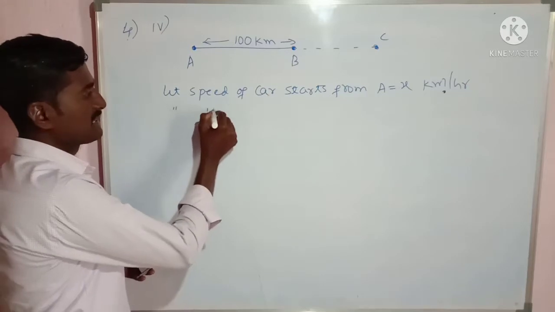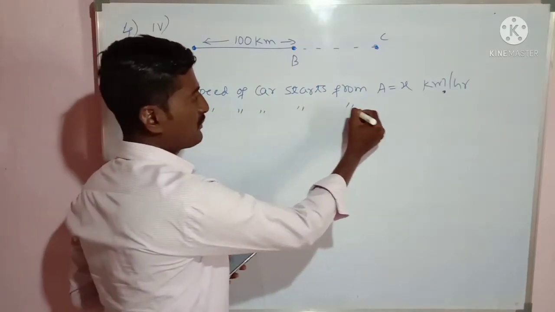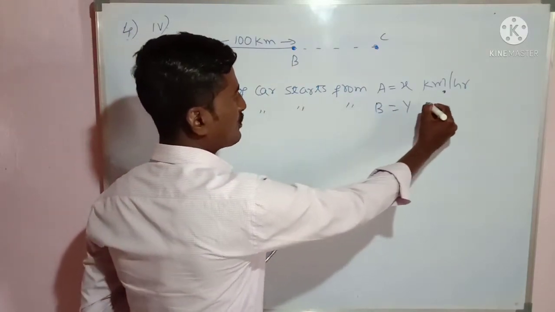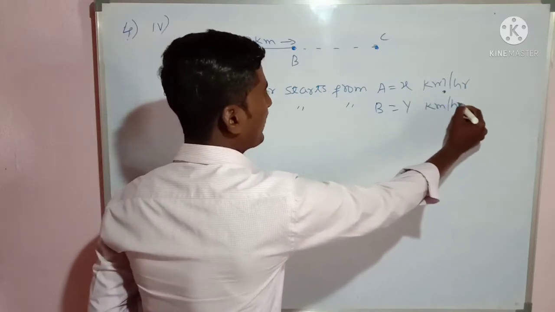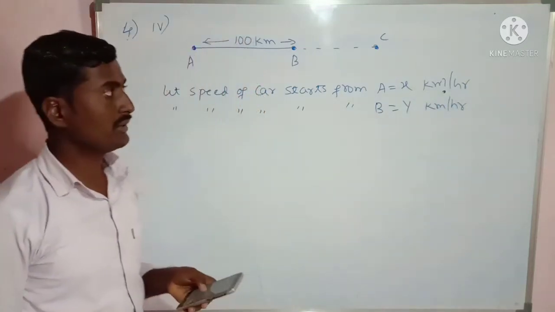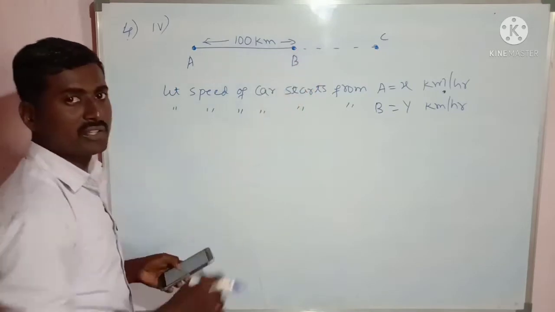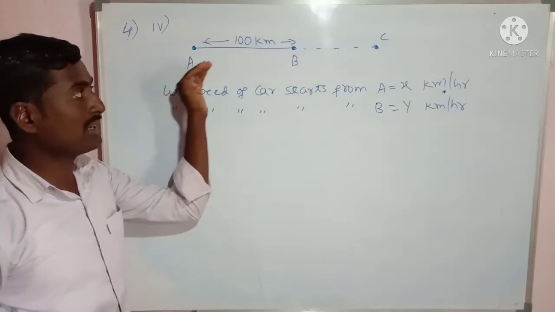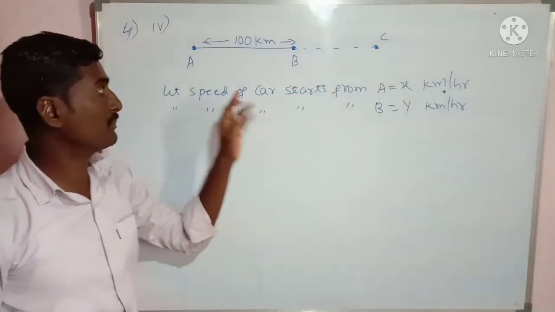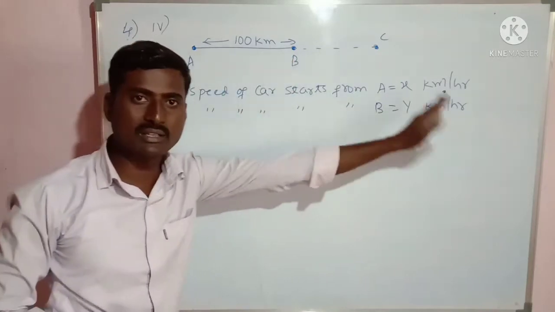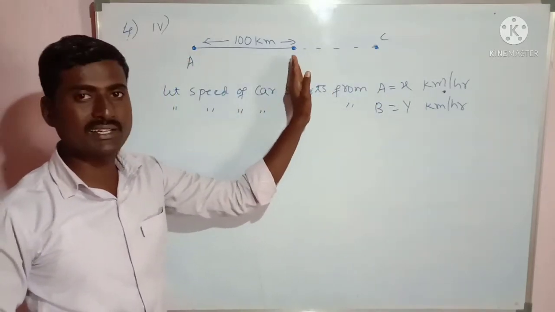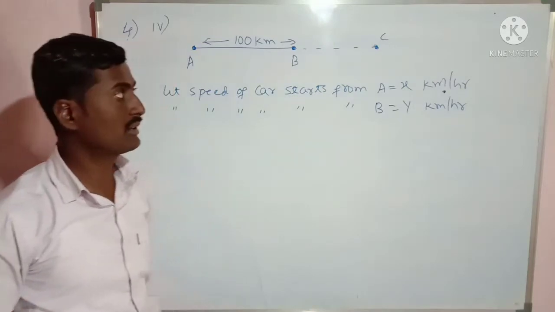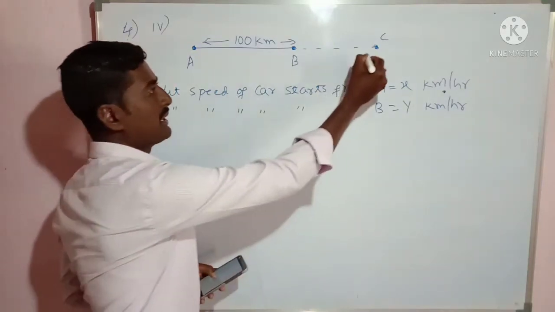Similarly, the speed of the car that starts from point B I will take as y kilometer per hour. For the first condition, they are traveling in the same direction. From point A one car is moving like this, and from point B another car is moving in the right side direction. After 5 hours, they will meet at this position.